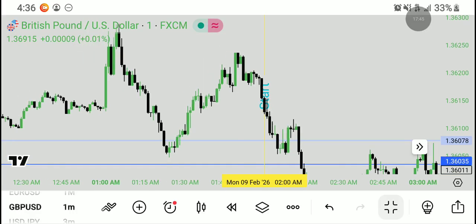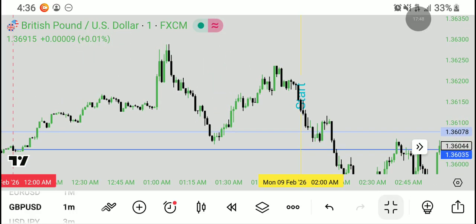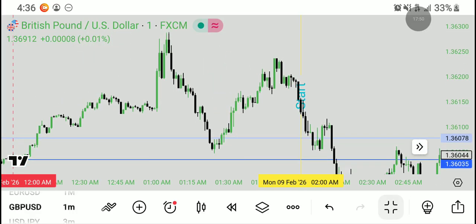Okay, from 2 o'clock where market starts, it moves to buy stop.